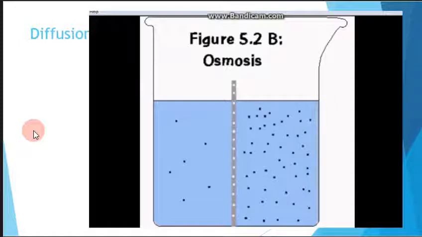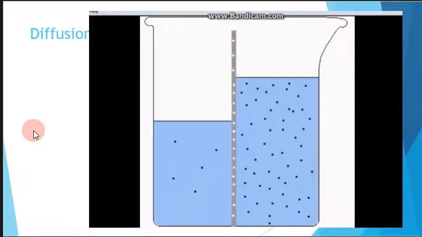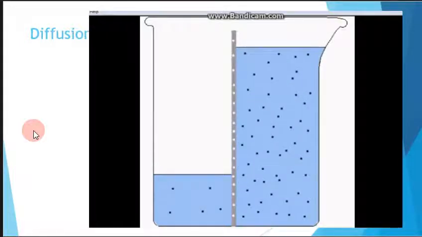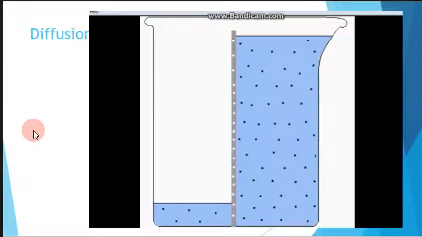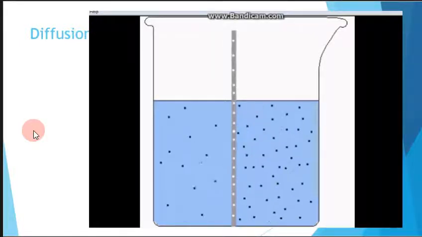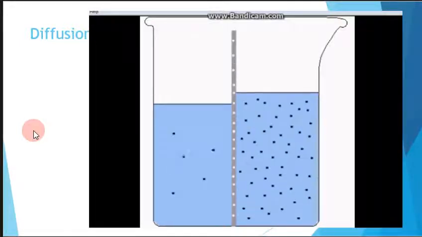It allows the solvent to travel across, but not the solute. The only way the concentration can be evened out then is for the solvent to travel from the area of low concentration to the area of high concentration. This dilutes the solution on the right side of the membrane, and it concentrates the solution on the left side until the two solutions end up having equal concentrations. Diffusion and osmosis then end up doing the same thing. They equalize concentration. Diffusion does it by the solute traveling across the membrane so that both sides end up at the same concentration, whereas osmosis does it by the solvent traveling across the membrane.